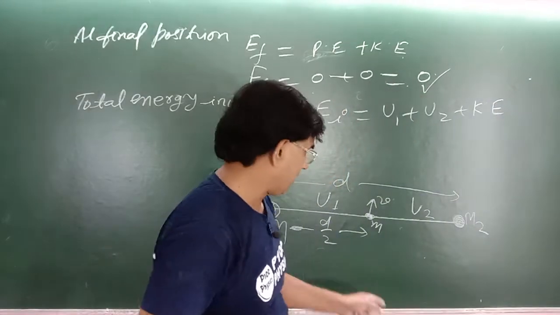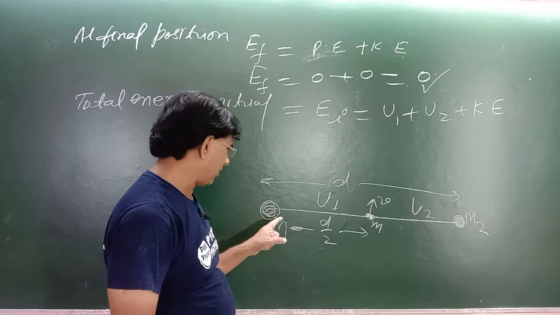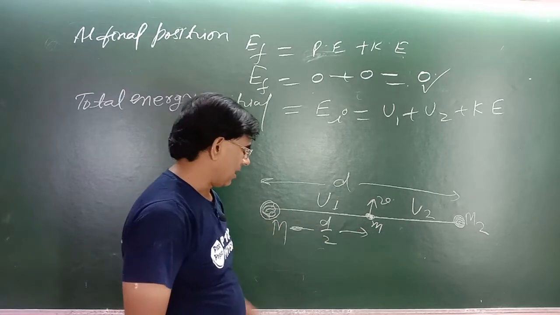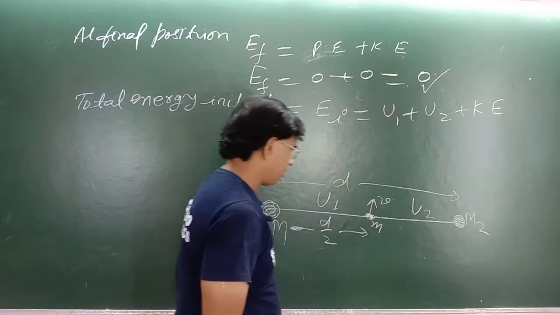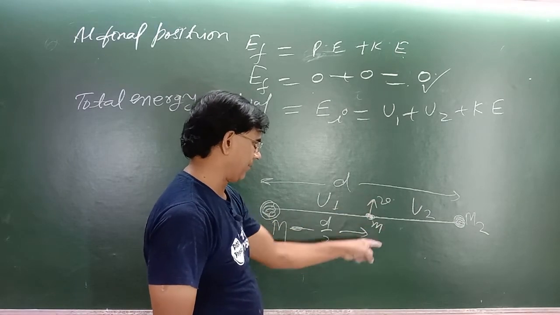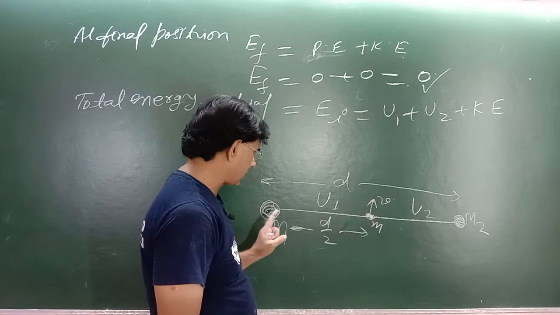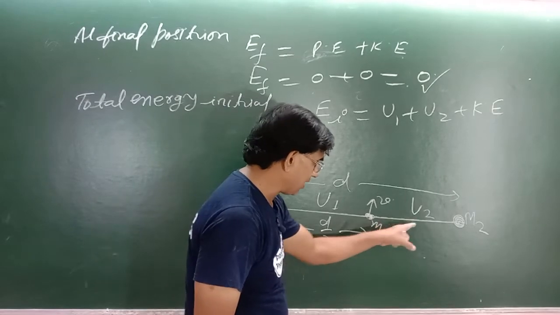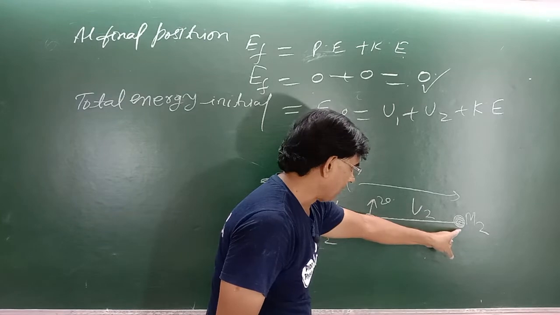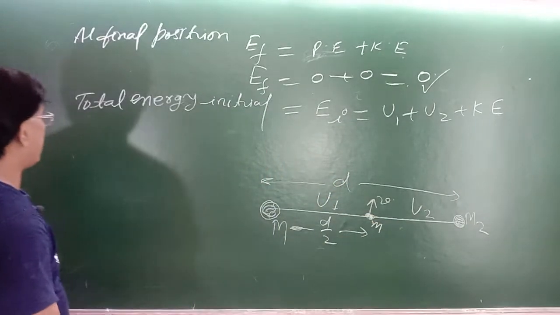There will be a gravitational potential energy between this and this, and also between this and this, because you have to determine the value for this small m. This small m has energy U1 due to this, and also has energy U2 due to this, and there will be kinetic energy also because velocity is given.